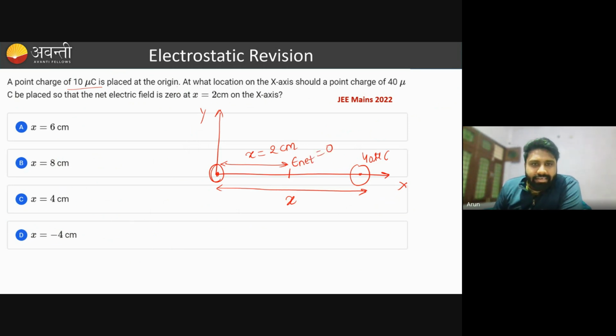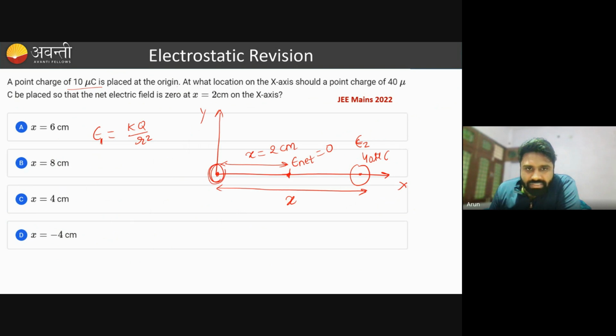We know that the electric field by a point charge is given by E equals kq by r square. So for 10 microcoulomb, let's say it is E1, and for 40 microcoulomb it is E2. We will find the values of E1 and E2 and equate them, because at this point E1 equals E2.